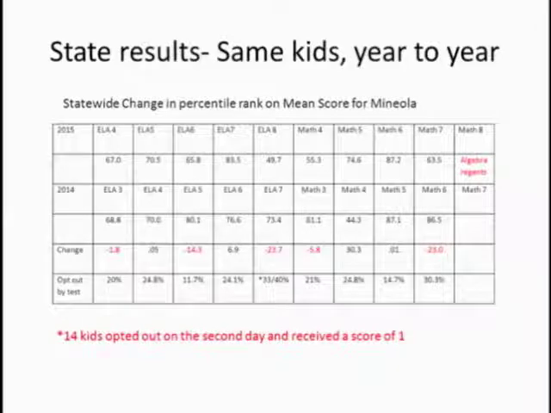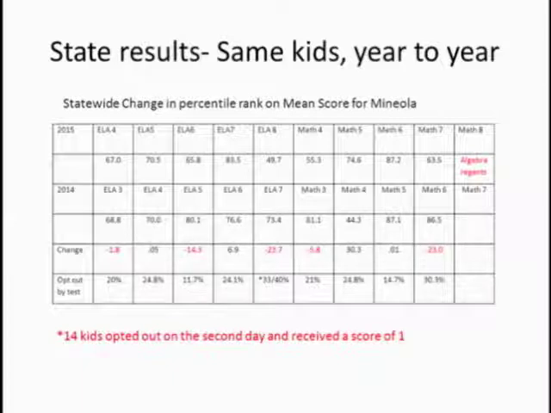What I'm trying to do here is look at what I call pairs. Same kids year to year. So the first column is 2015, and we ranked the mean rank. So you see ELA 4, 67%. So what are this year's fourth graders, how did they do when they were in third grade on the test? So you see there below it, 2014, it lines up with ELA 3.